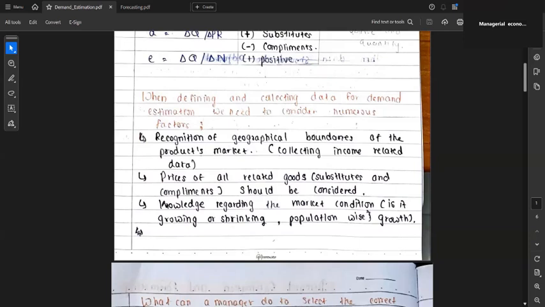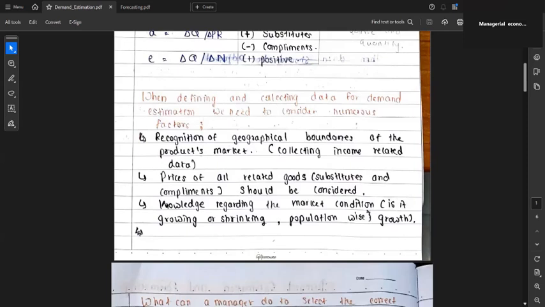So when estimating the demand function, we have to consider all the related goods. We cannot just take one substitute or one complement as per our liking. We have to get all possible, all applicable related goods. Then knowledge regarding the market condition. Is it growing, shrinking?